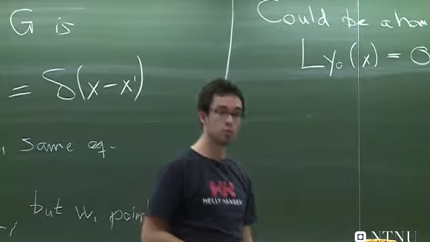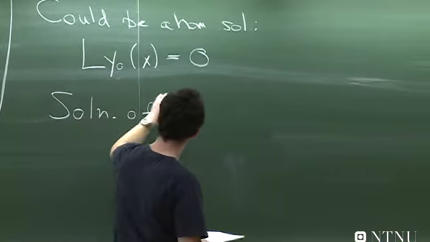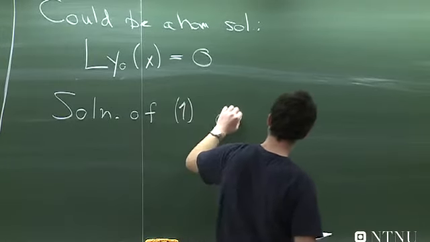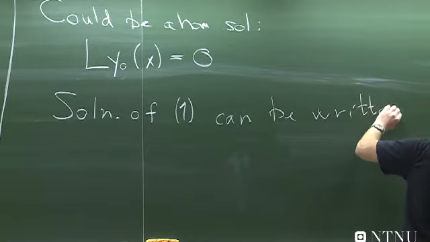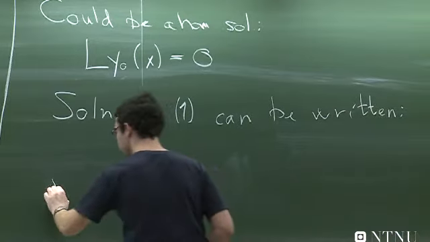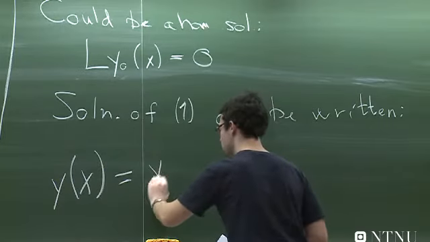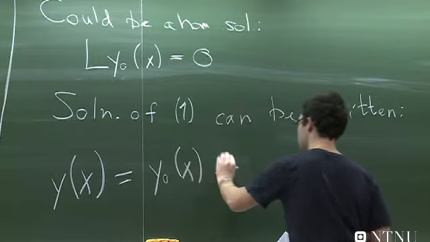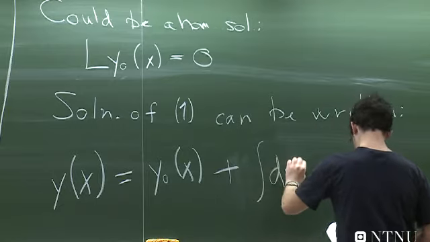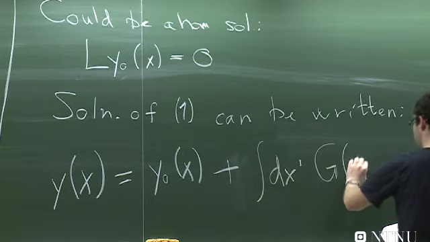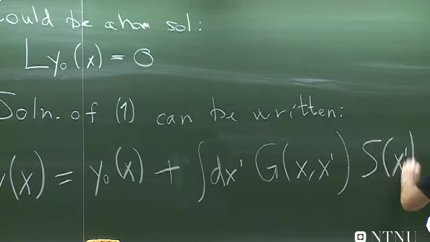Okay, and then the full solution of 1 can be written as y of x. The full solution is equal to the homogeneous plus the particular solution, integral dx prime g of x, x prime, s of x prime.